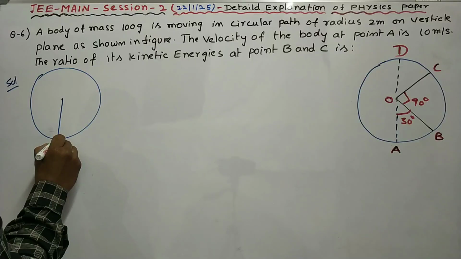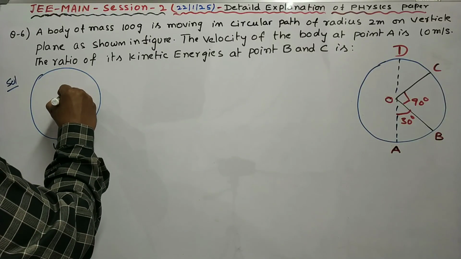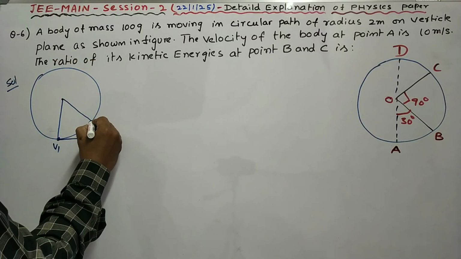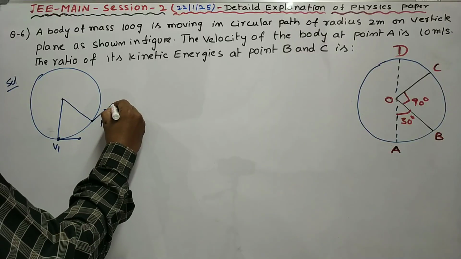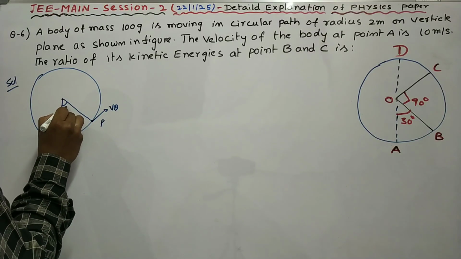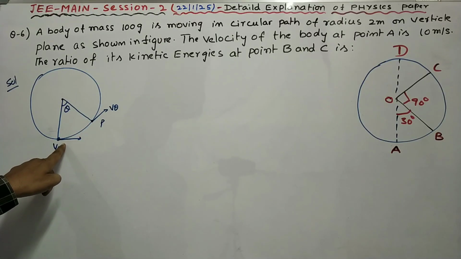You know its velocity at its lowest point, say called V1. Then you can easily calculate the velocity at any point on its circumference. Suppose after some time the particle reaches this point P. At this point the velocity is say V theta, because the particle, with respect to its initial position, makes an angle theta. This is calculated based on conservation of energy.